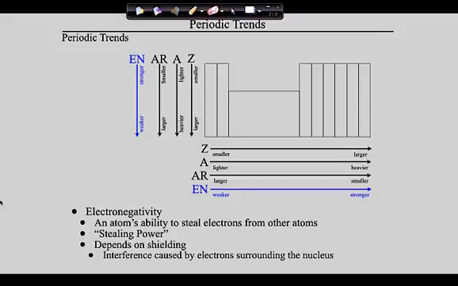So guys, let's do this first. Let's talk about the overall trend. So guys, where are the butt kickers on the periodic table? Where are the strongest elements on the periodic table, top or bottom? Hold on, think before you say. Where are the strongest elements on the periodic table?